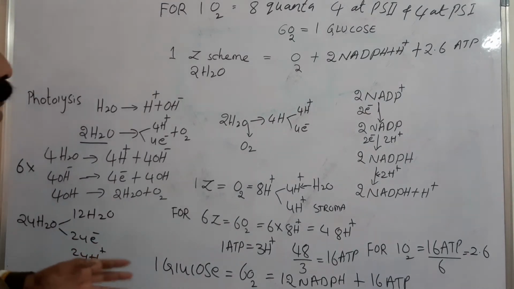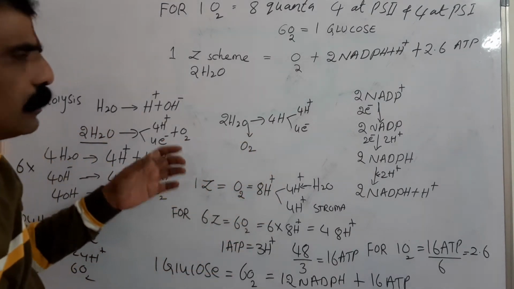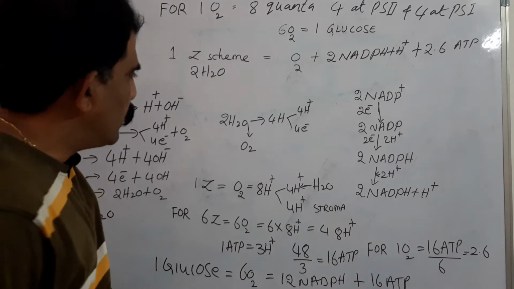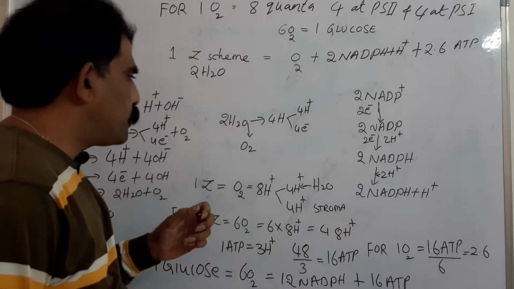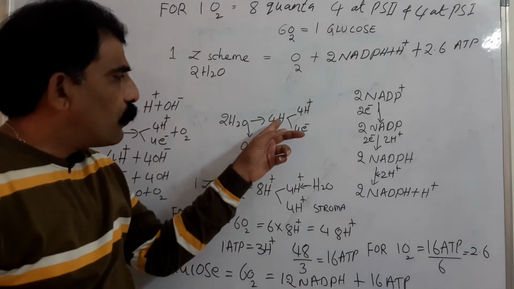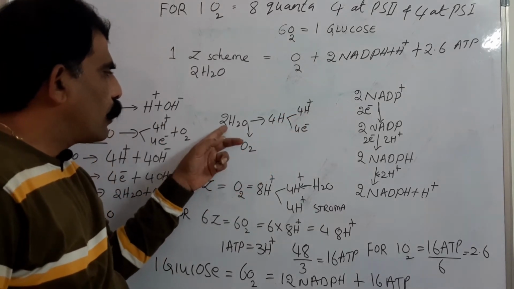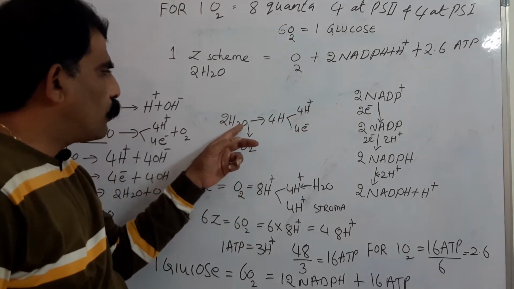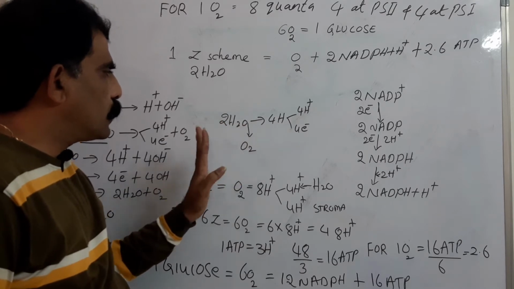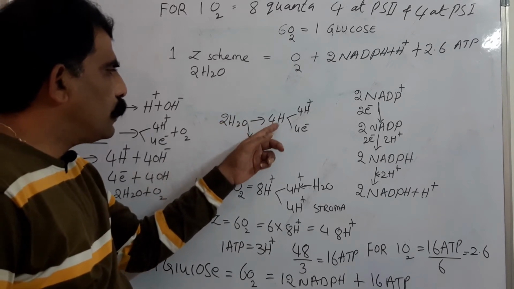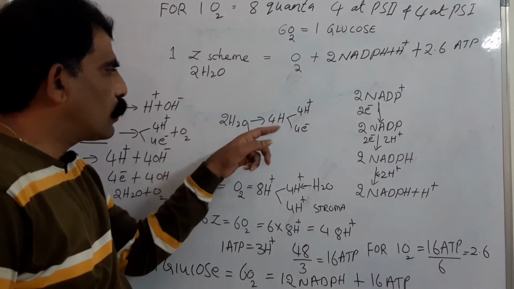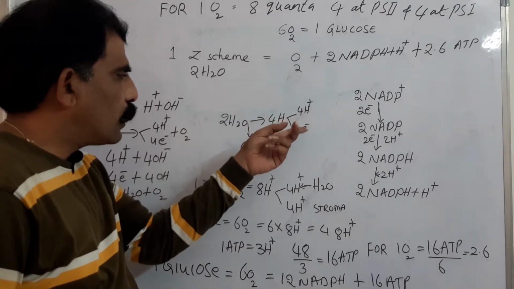Coming to the reduction mechanism, when 2 water molecules undergo photolysis, that results in the formation of 4 electrons, 4 protons. As I said, 2H2O gives 2O, O2 released, 2H2, 4H. Each H consists of 1 electron, 1 proton. 4H consists of 4 electrons, 4 protons.